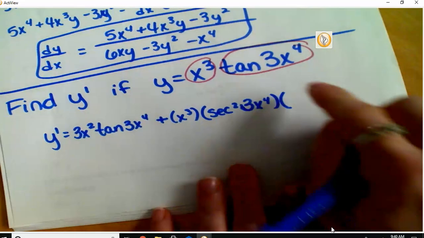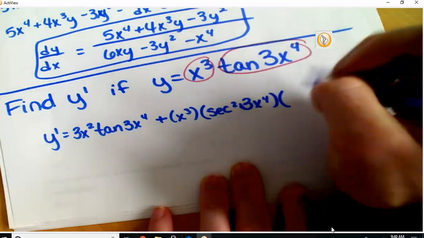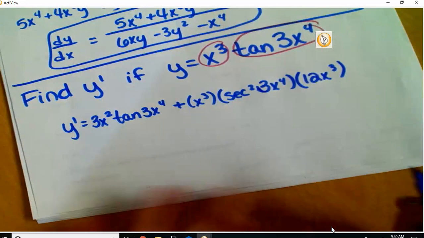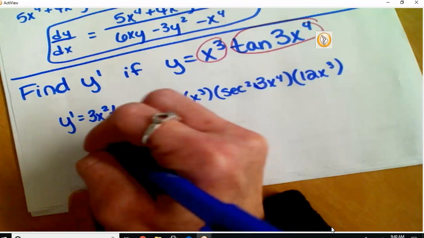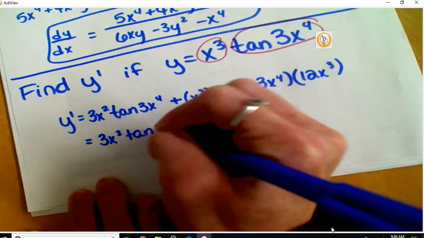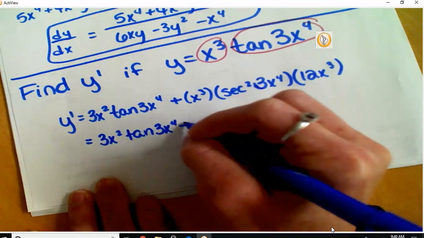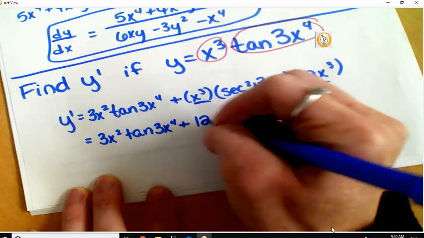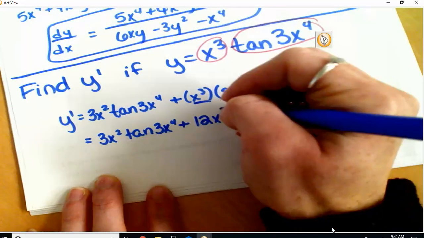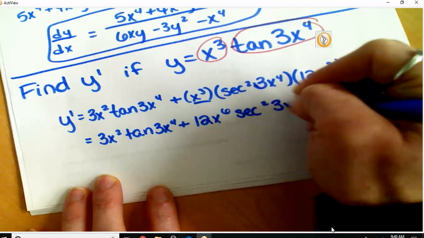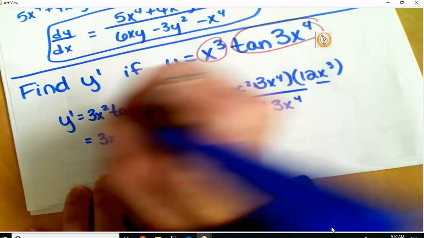So derivative of the inside, derivative of 3x to the fourth. Okay. I'd like you to clean it up just a little bit. So x cubed and 12x cubed gives us 12x to the 6th secant squared 3x to the 4th.